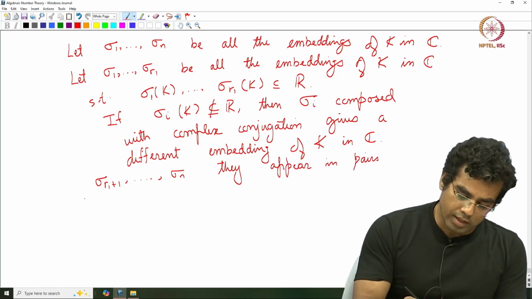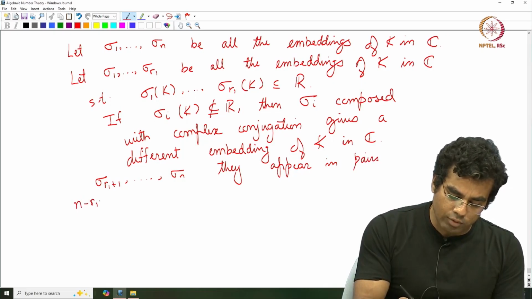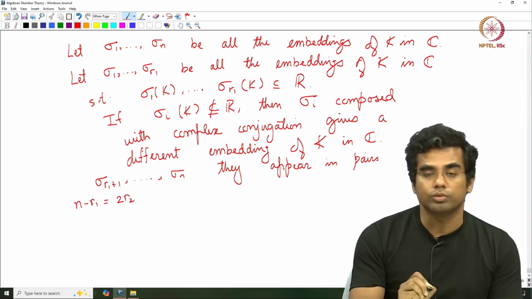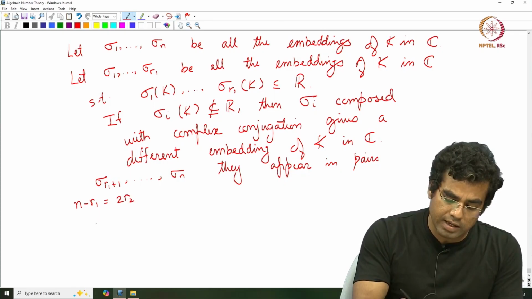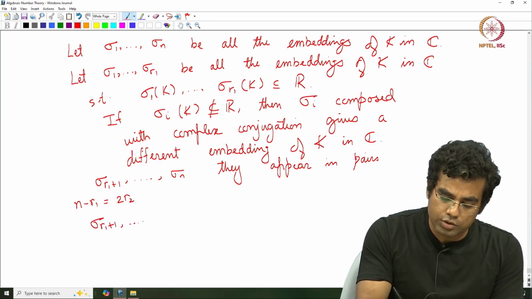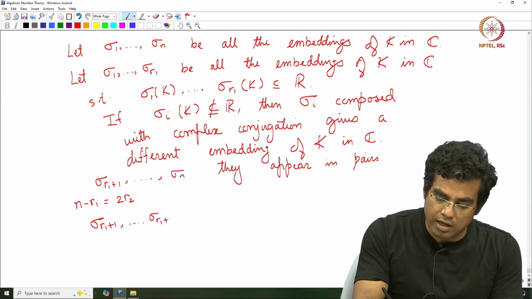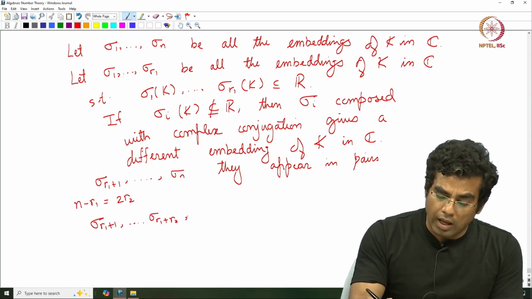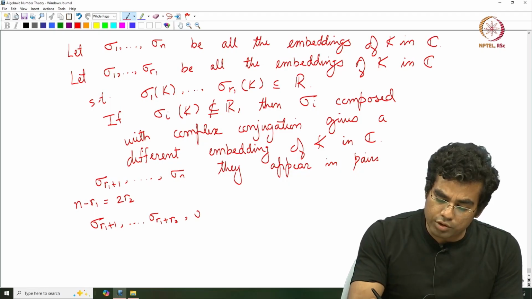Okay. So, I will denote n minus R1 to be 2 times R2. Okay. And what are the pairs? I will arrange them as follows: sigma R1 plus 1 and so on up to sigma R1 plus R2, and then the complex conjugation of this.